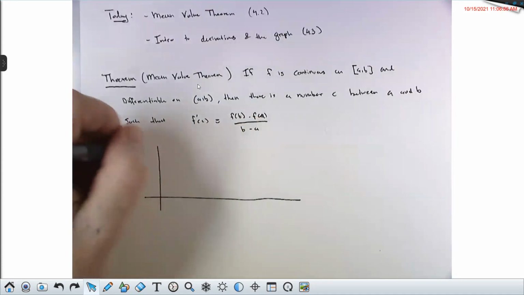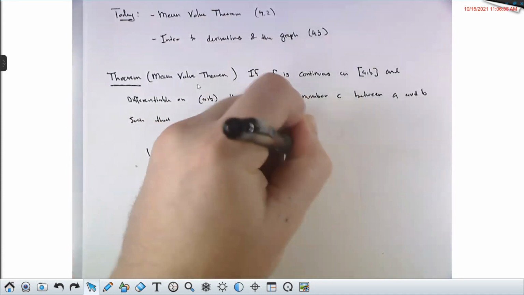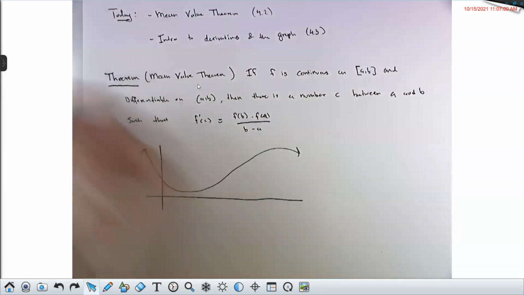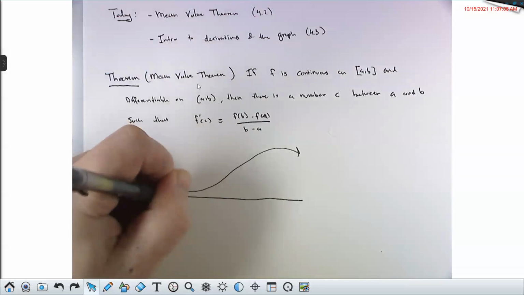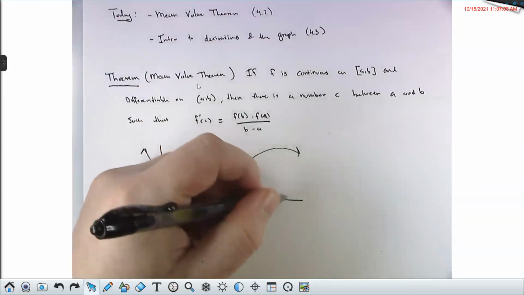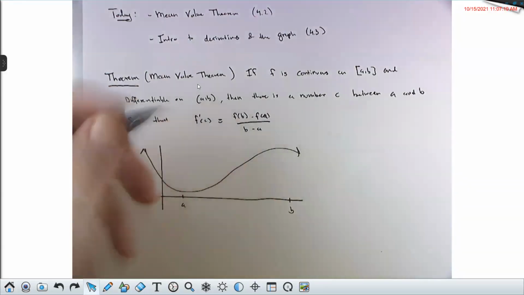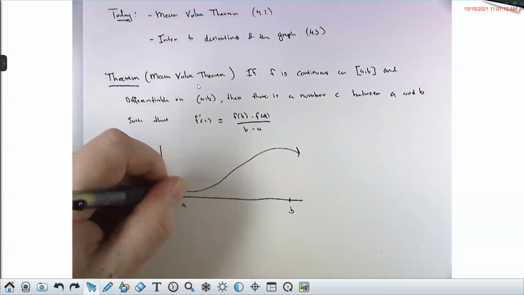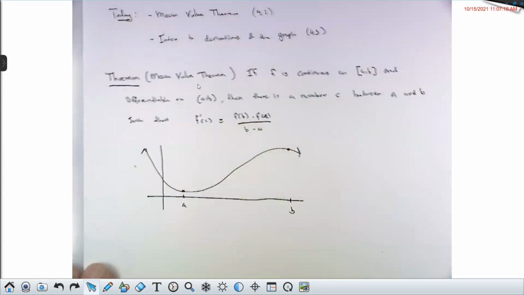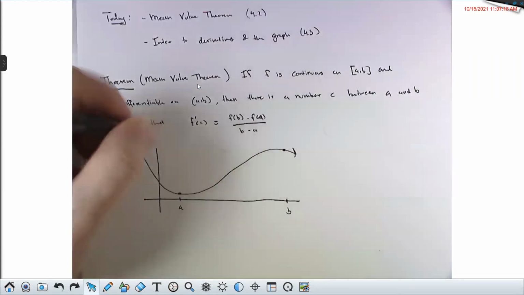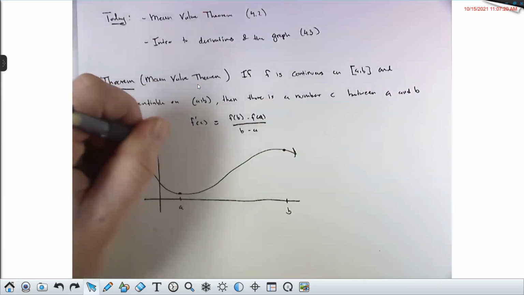is that if you have a function which is sufficiently nice, let me say, and here's a, and over here's b. So here's the point (a, f(a)). Here's the point (b, f(b)). This is the graph y equals f(x).